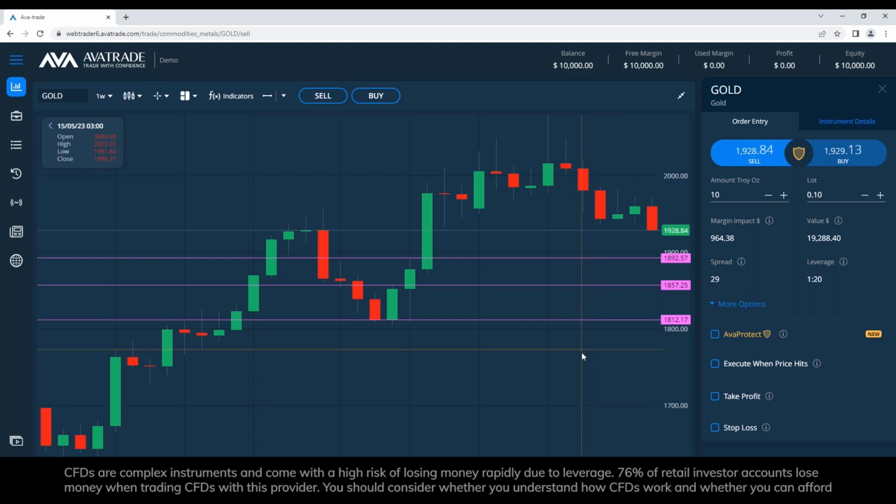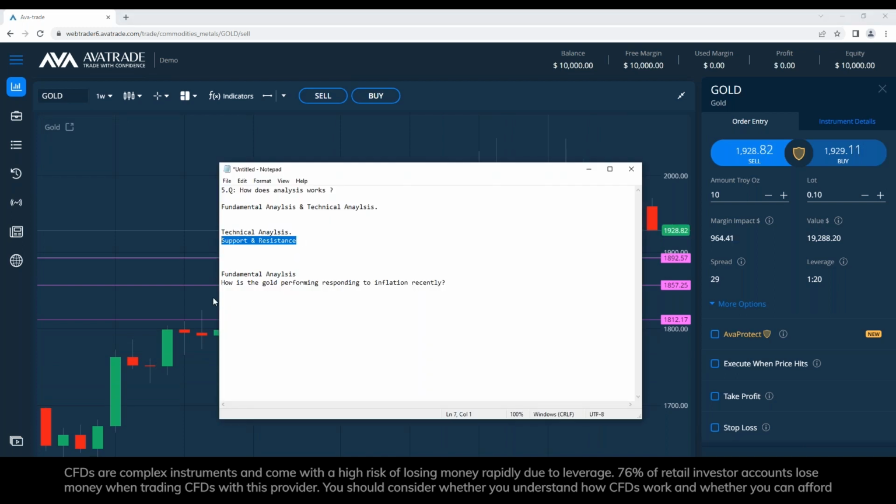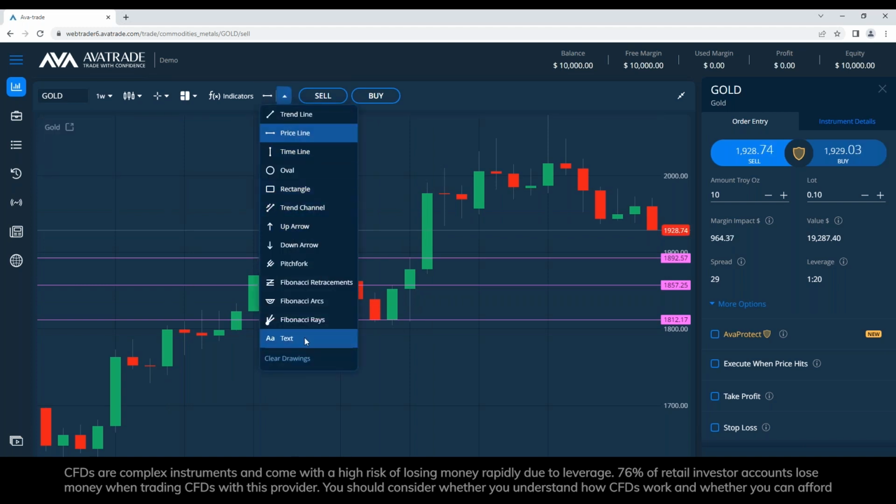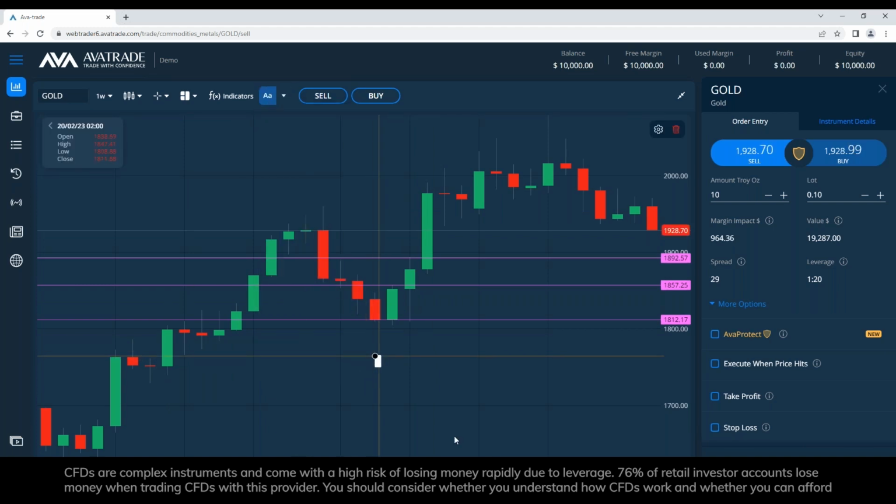I must know. This is why in technical analysis we have support and resistance, right? Support and resistance are the edge points of every chart. Therefore, I click on the arrow again, click on the text, and I'm going to put here: support.